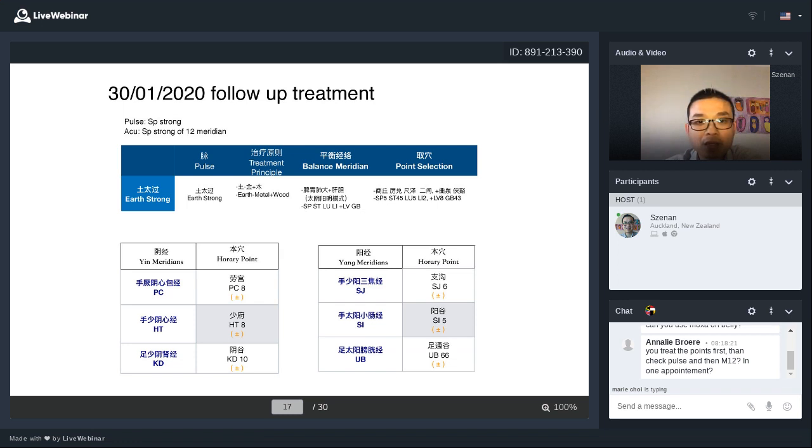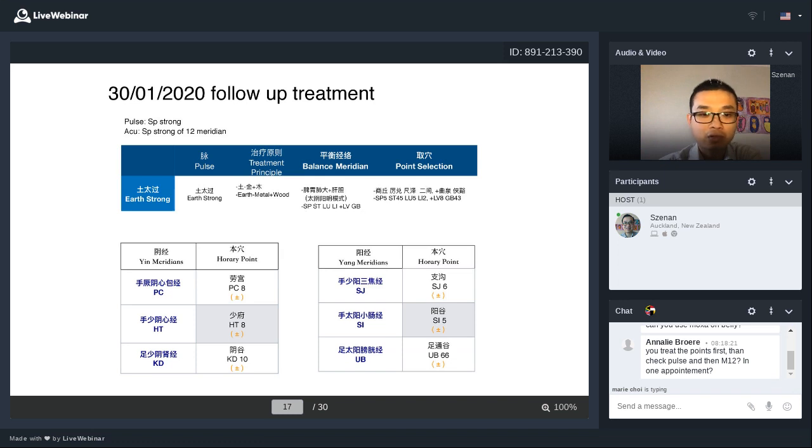And liver and gallbladder, the tonify, and that is needling liver 8 and gallbladder 43. And the rest of the needles, again, Harari point.